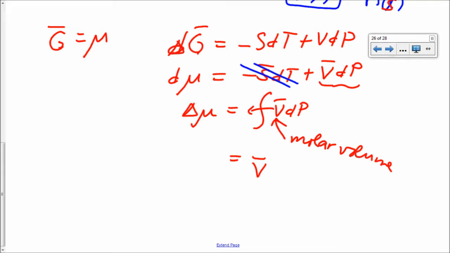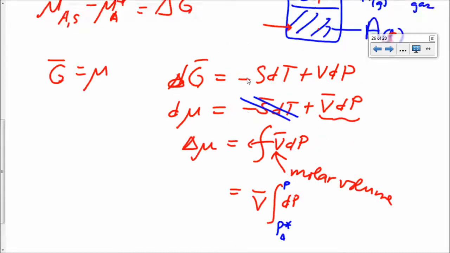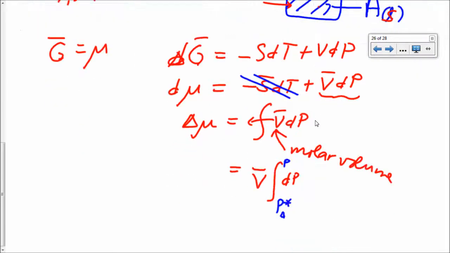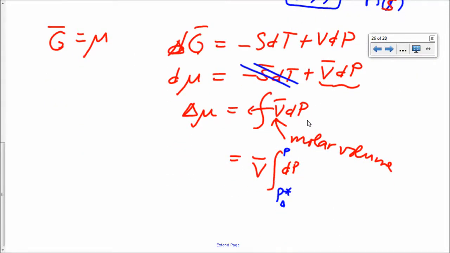So that's V bar times the integral of dP, where you integrate the pressure increase from PA star to P. We're comparing the scenarios where in the first case it's subjected to a pressure equal to PA star, and in the second case it's subjected to a pressure P, total P. So the integral of dP from P star A to P will just be equal to V bar times P minus PA star.